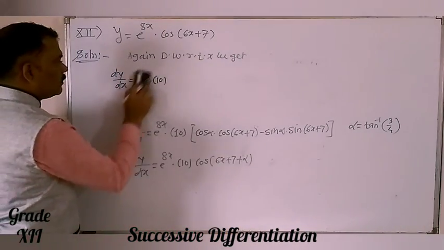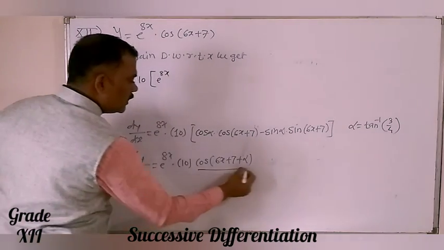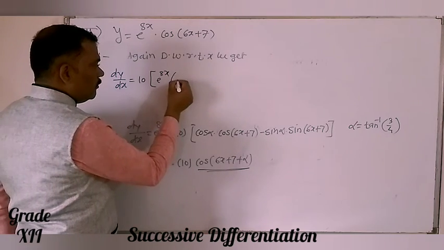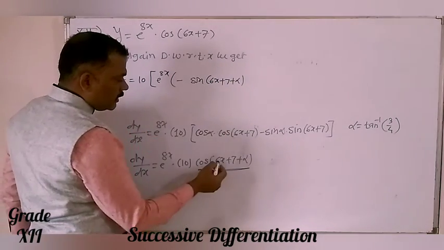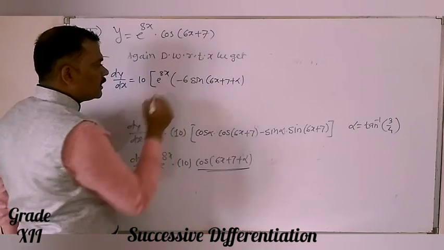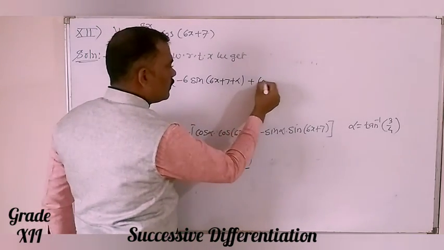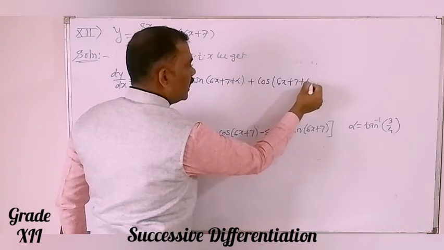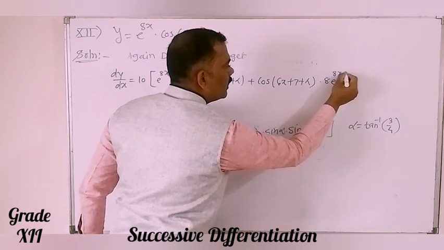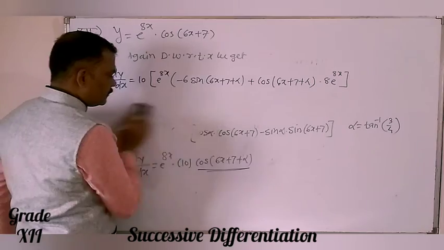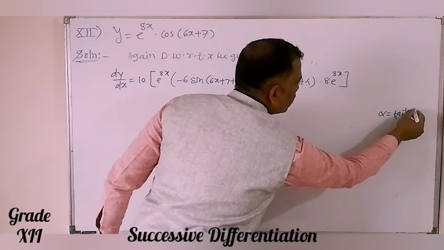Here 10 is a constant, so we take it outside: 10 into first function e raised to 8x as it is, differentiation of this, minus sine of 6x plus 7 plus alpha, and differentiation of 6x plus 7 plus alpha is nothing but 6, plus second function cos of 6x plus 7 plus alpha as it is, differentiation of e raised to 8x, that is nothing but 8 into e raised to 8x. Alpha is equal to tan inverse of 3 by 4.